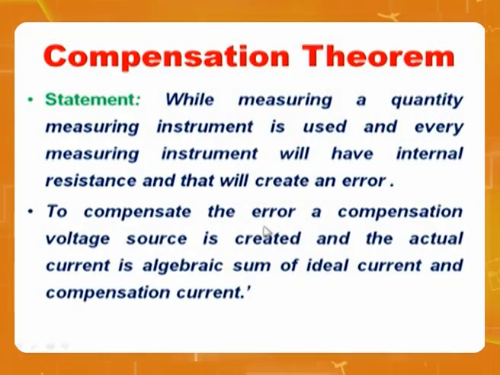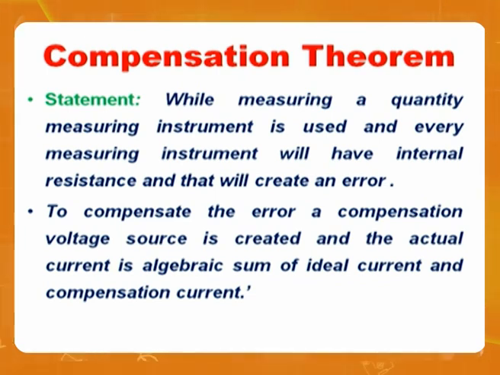That's called compensation theorem. Therefore, to compensate the error, a compensation voltage is created, and the actual current is the algebraic sum of the ideal current and the compensation current. Please observe here again, algebraic means polarity. You will calculate the ideal current once and for all. You don't repeat it again and again, because the value is already known to you.